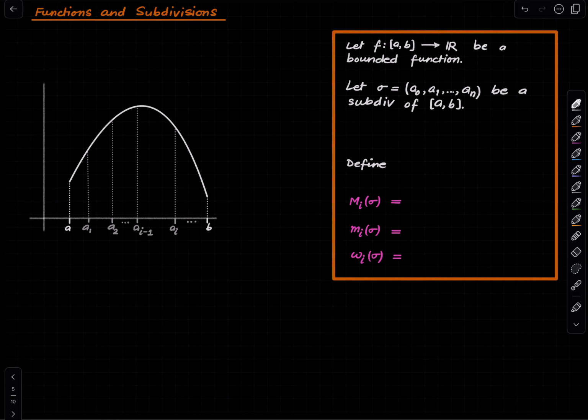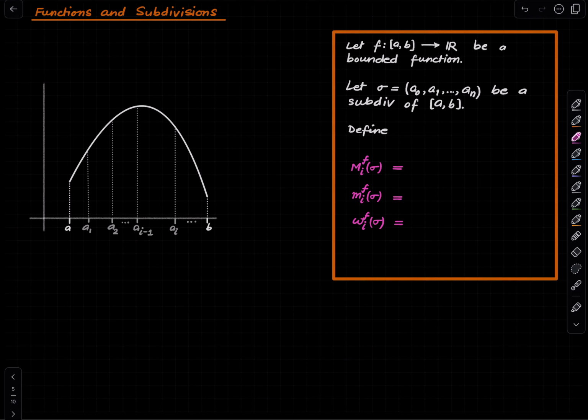Okay, and now we define three numbers and all of them depend on f. So there should be a superscript, but if there is no confusion, if there is only one function that we are talking about, we will occasionally drop this qualification in the notation.